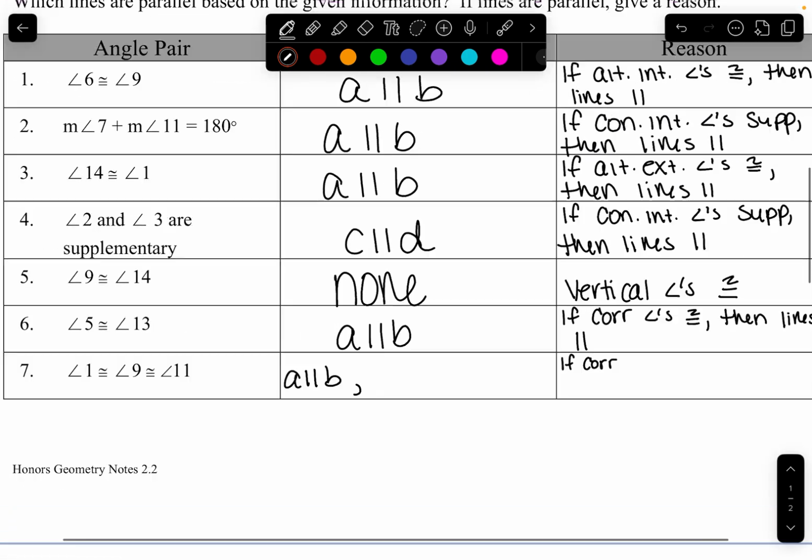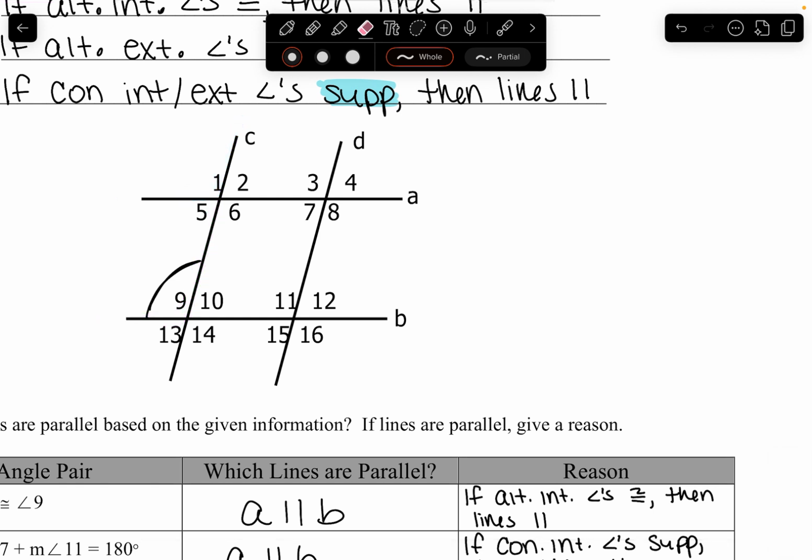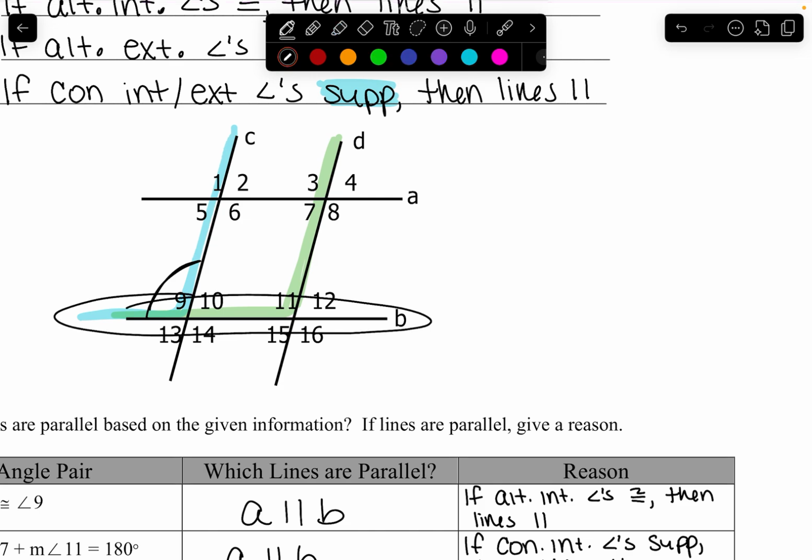Okay, and then let's look at 9 and 11. Whoops, I probably should not erase that. That's okay. We're going to look at 9 and 11. 9 and 11 share line B, so that means that C and D are going to be parallel.